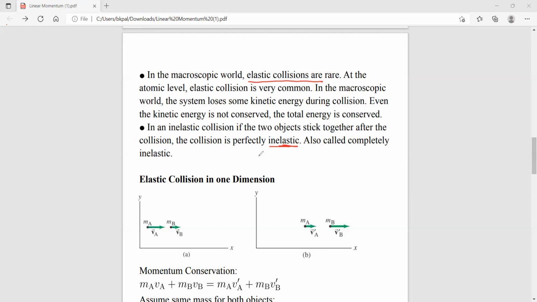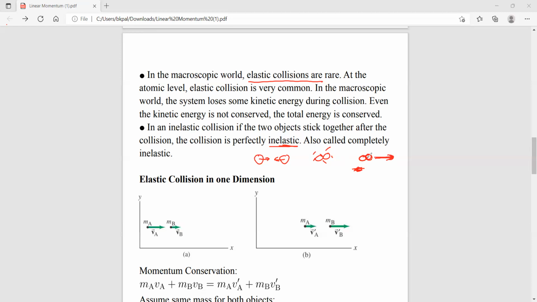For example, we have object A and object B. Let's say object A is going in this direction, object B is going in this direction, they collide, and after the collision they both move together, either in this direction or in this direction. Let's say they're moving in this direction, but stuck together.